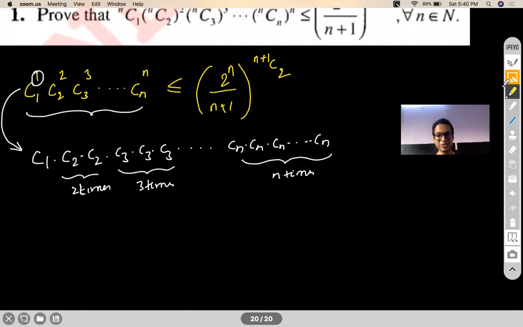And they are multiplied, so something related to their geometric means is happening. Correct? Yes, Pranav, absolutely. Yeah, correct.